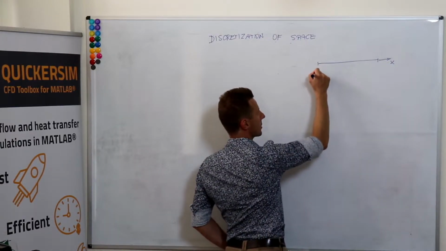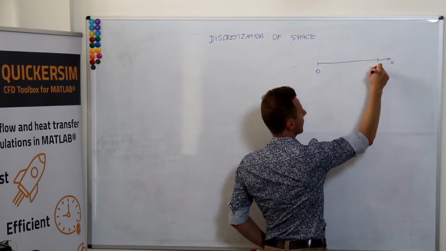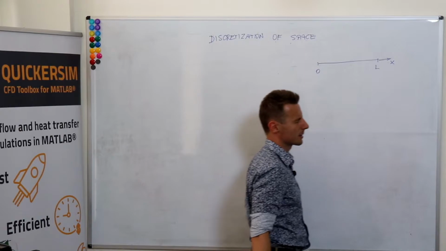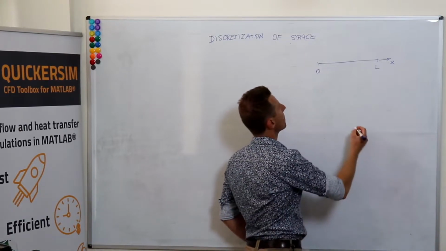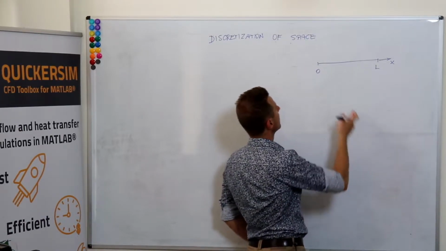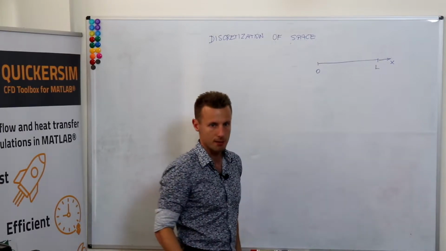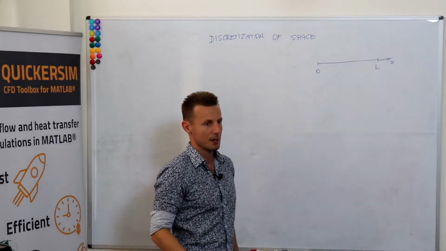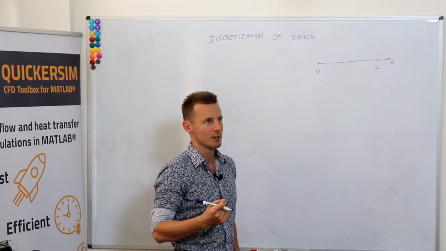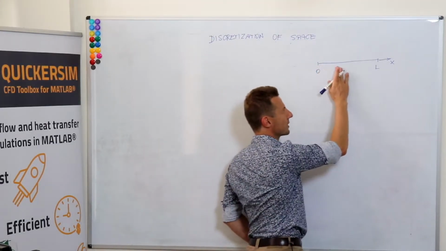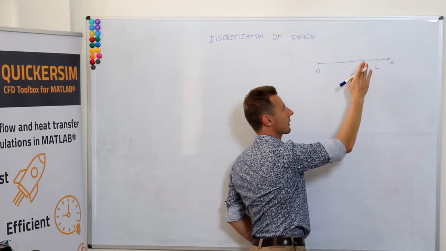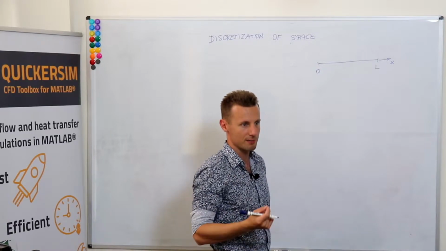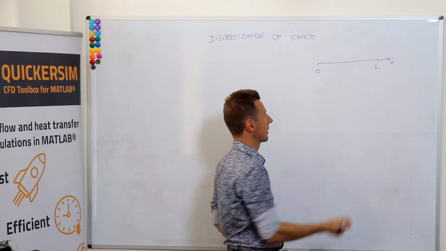Maybe we're interested in solving an equation from the coordinate x equals 0 to x equals L. And discretization of space means that we need to divide our domain that contains an infinite number of points into a finite number of intervals.